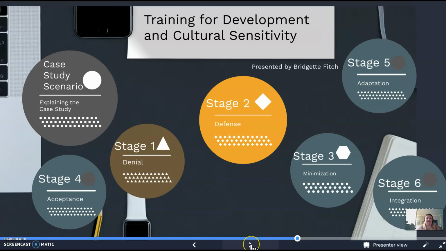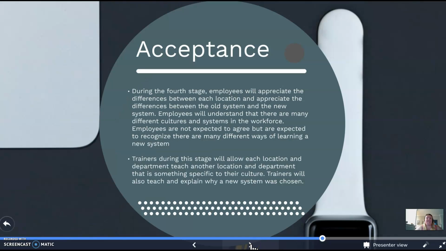Stage 4 is acceptance. During the fourth stage, employees will appreciate the differences between each location and appreciate the differences between the old system and the new system. Employees will understand that there are many different cultures and systems in the workforce.